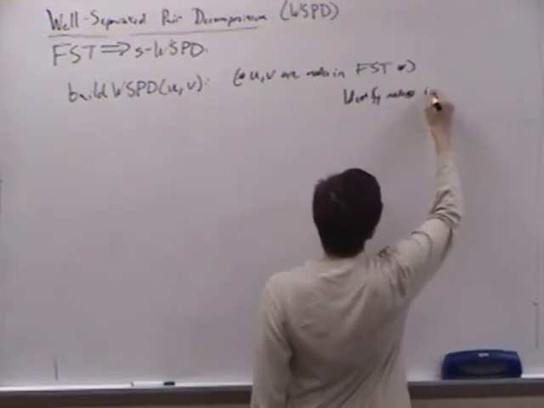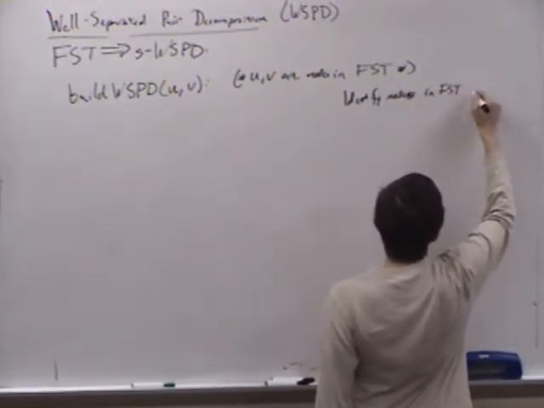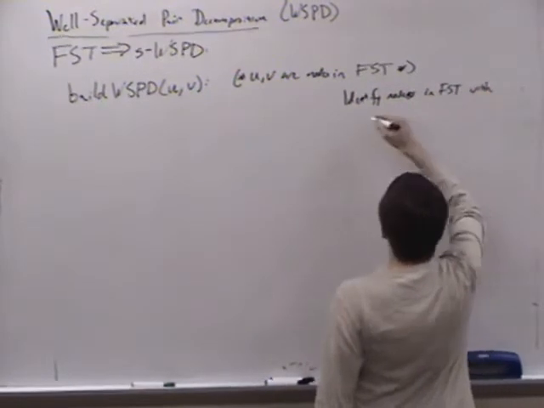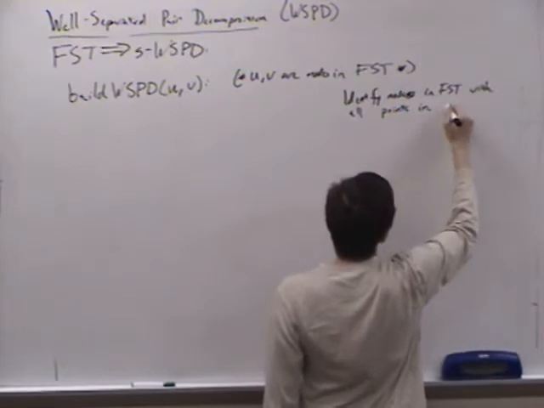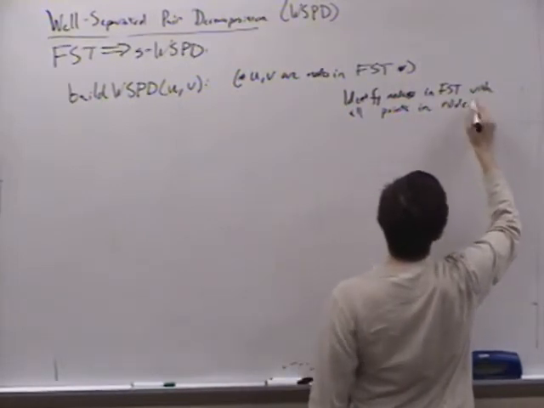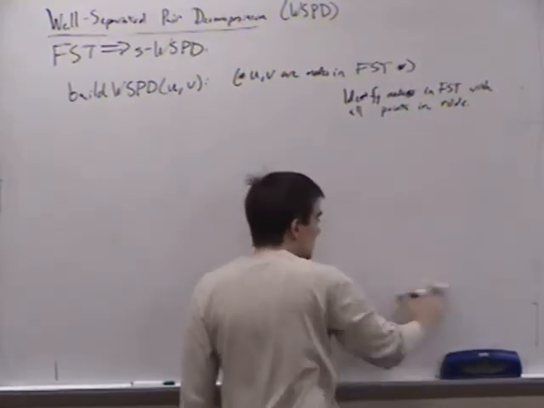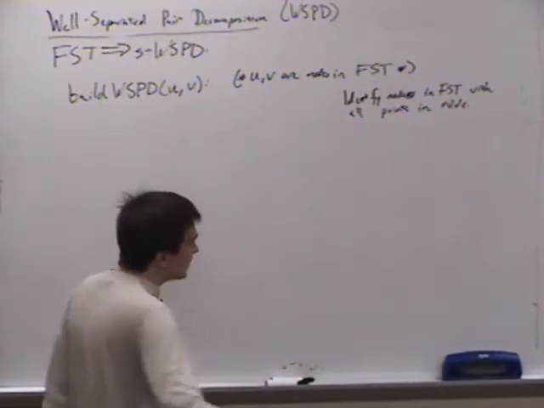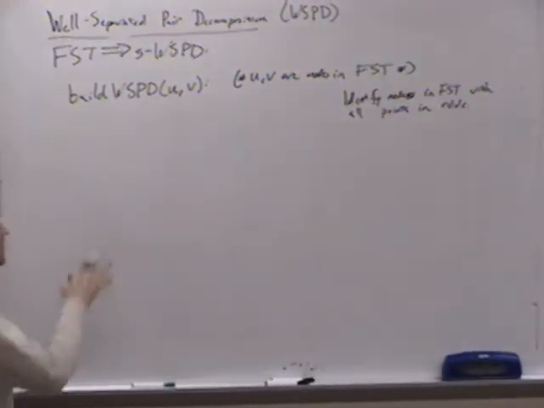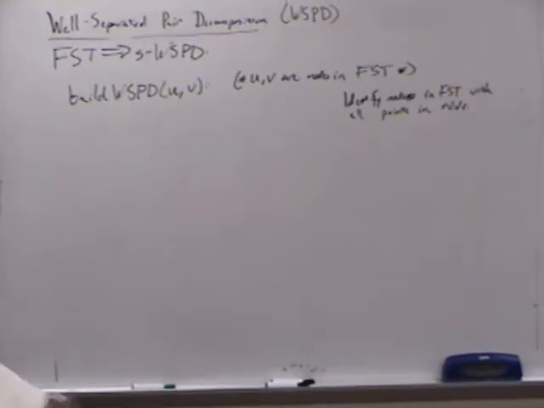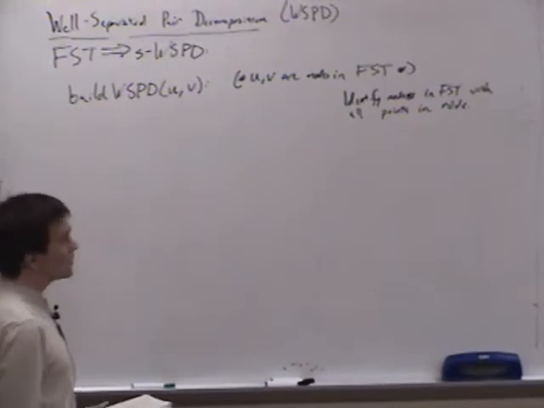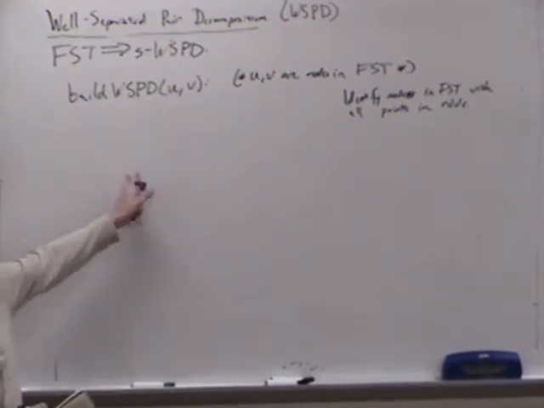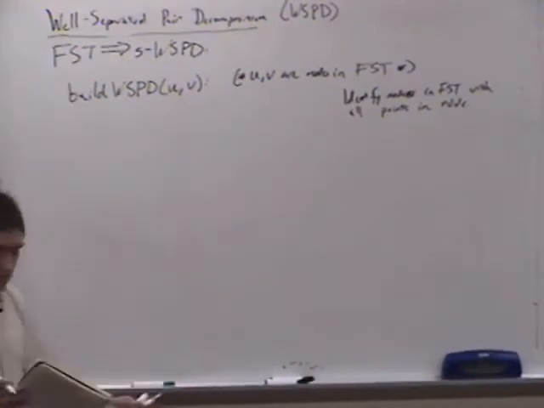So basically, you start from some node in the tree, you walk all the way down to the leaves, you take all of those points in the leaves, and that's the point content of that node. So we're just going to use these two terms interchangeably. If we want to talk about it as a node in the tree, we'll treat it as a node in the tree. Otherwise, we're just going to treat it as a blob of points. All right.